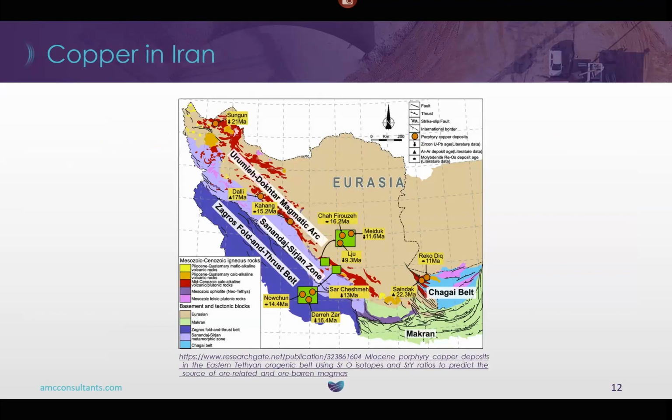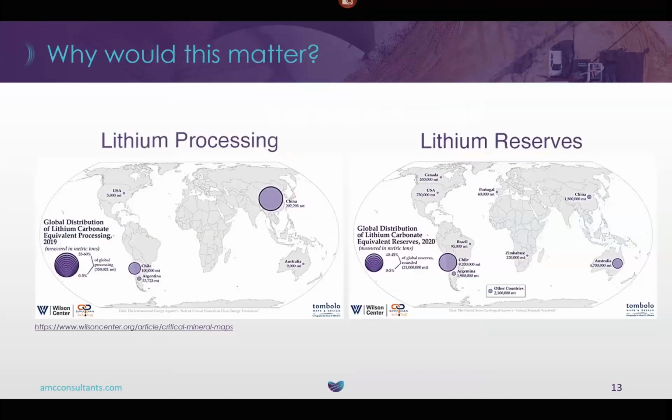Before the revolution in 1979, companies like Rio Tinto and BHP were exploring heavily in Iran for large copper deposits. For those of you been following the news with Barrick Gold, Reko Diq is the current asset that Barrick is developing, a massive copper deposit, but you can see it is on the same tectonic belt, so the same areas for exploration. Lithium processing, we have the same thing.